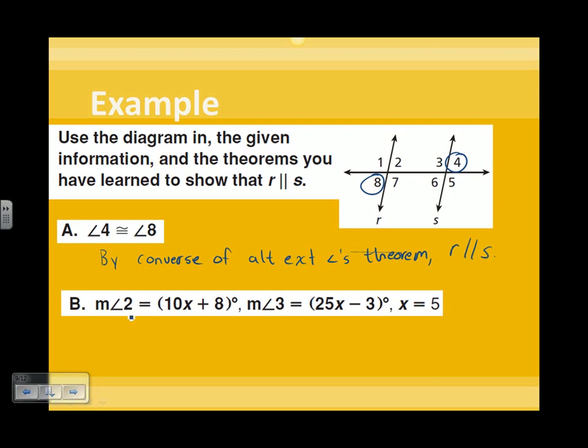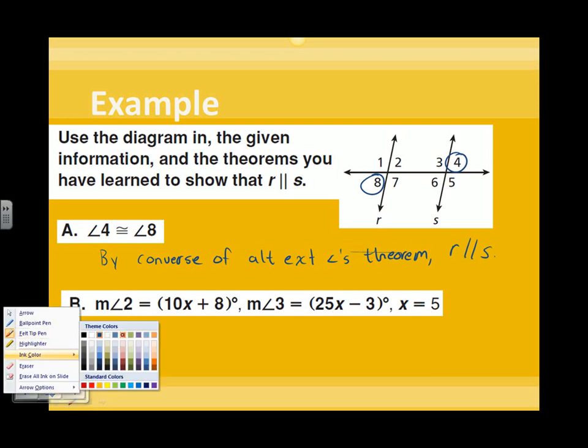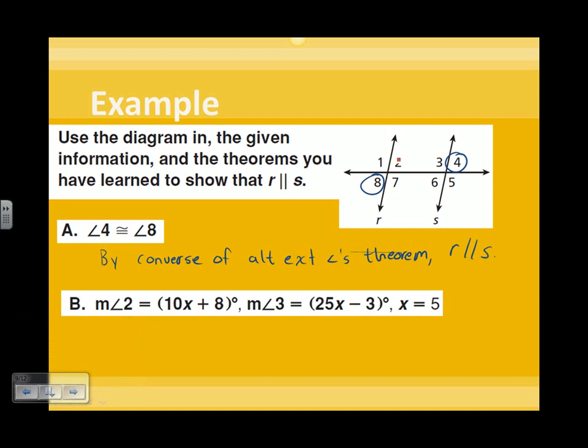Here, again, we've got to plug in the 5. We know something about two other angles here. We know something about angle 2, and we know something about angle 3, which are same side interior angles. So if I plug in 5, I get 58 here for angle 2. If I plug in 5, I get 125 minus 3, which is 122 here.